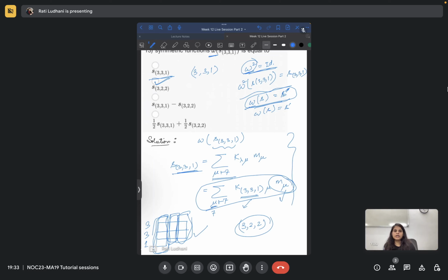Omega is a ring homomorphism, so omega of m plus m dash will be equal to omega of m plus omega of m dash; that you can use and find out what exactly it is.